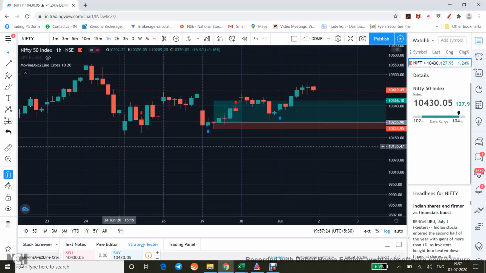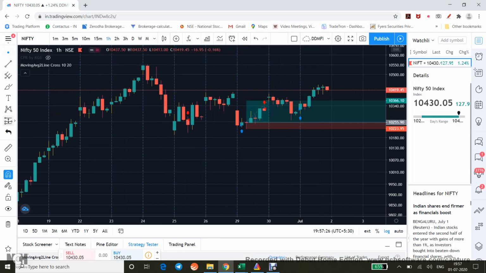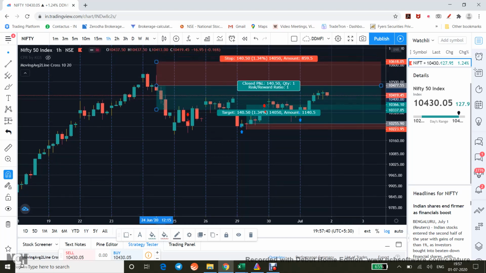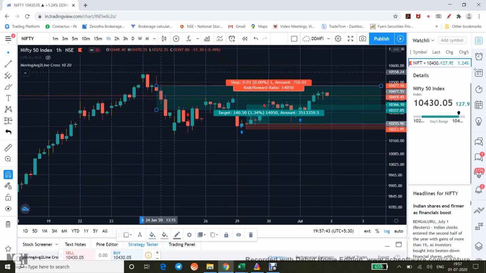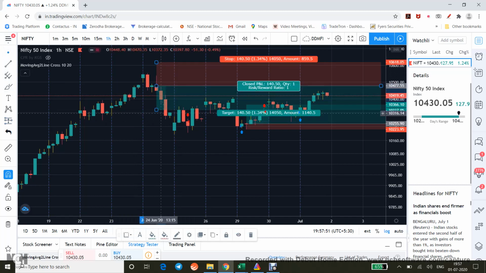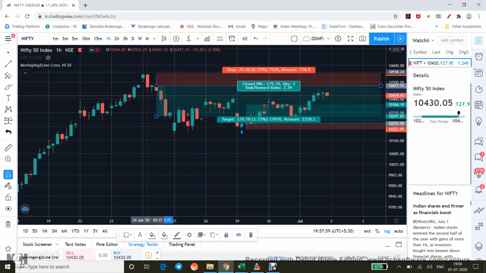I'll just show you one or two more trades, then we can go to the summary part. Here we look for a short position below this pin bar. Say here you would exit above this hourly candle high, so say this was a stop loss.